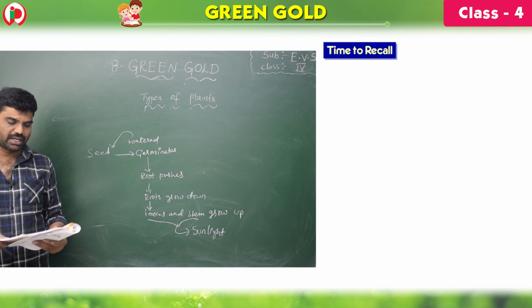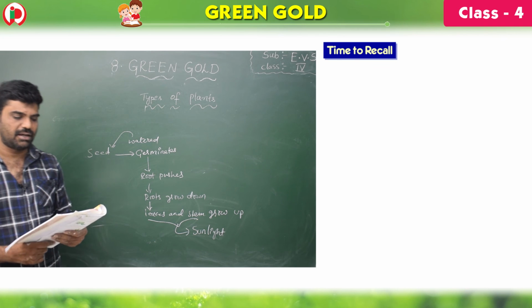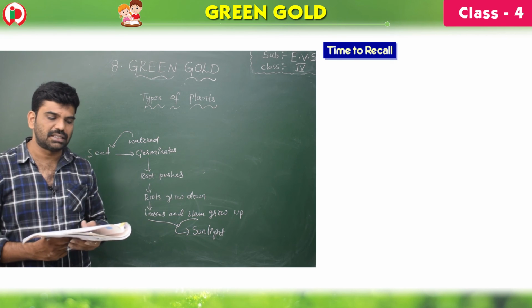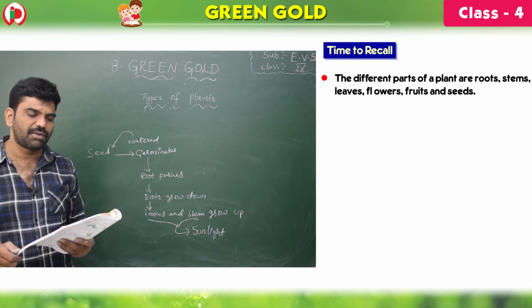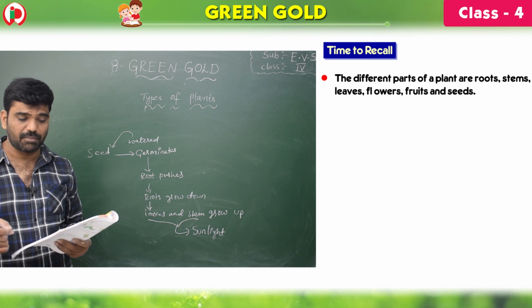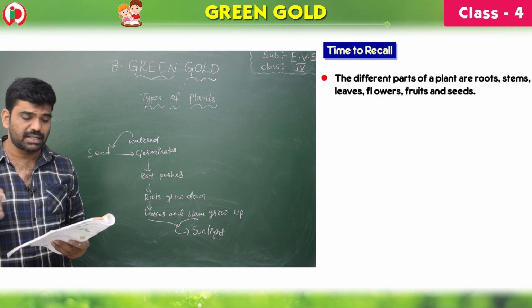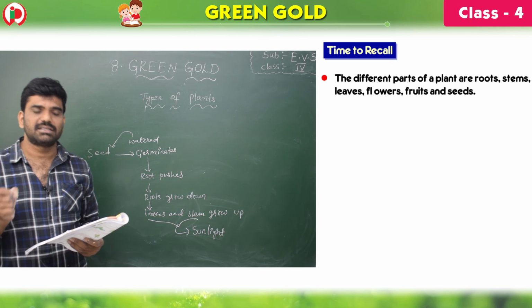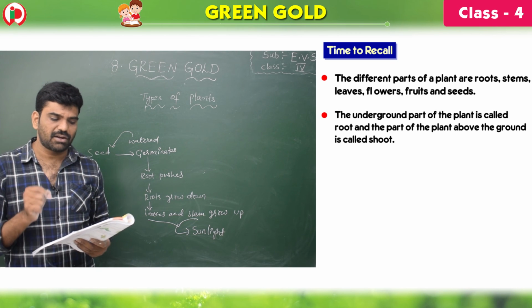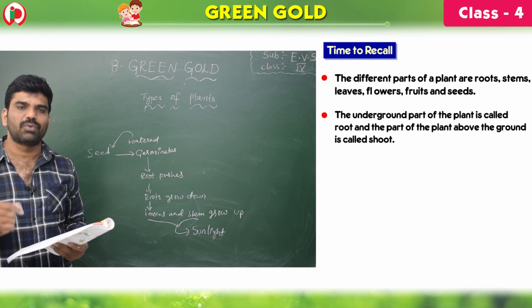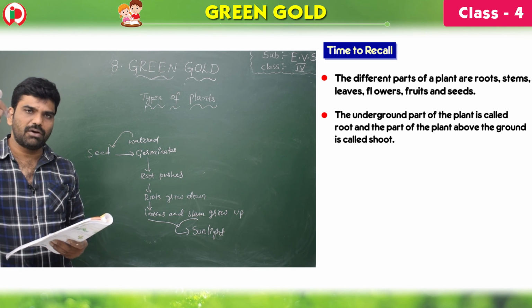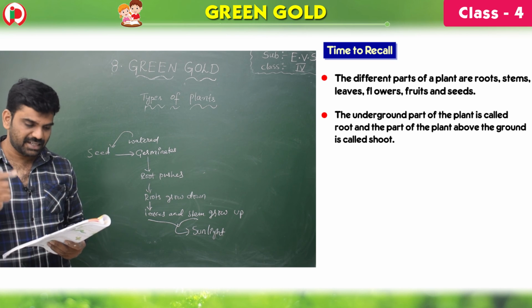Now it's time to recall, children. Let's see what we have learned in this lesson. What are the different parts of a plant? Root, stem, leaf, flower, fruits and seeds. The underground part is called the root, and above the ground, the shoot or stem.